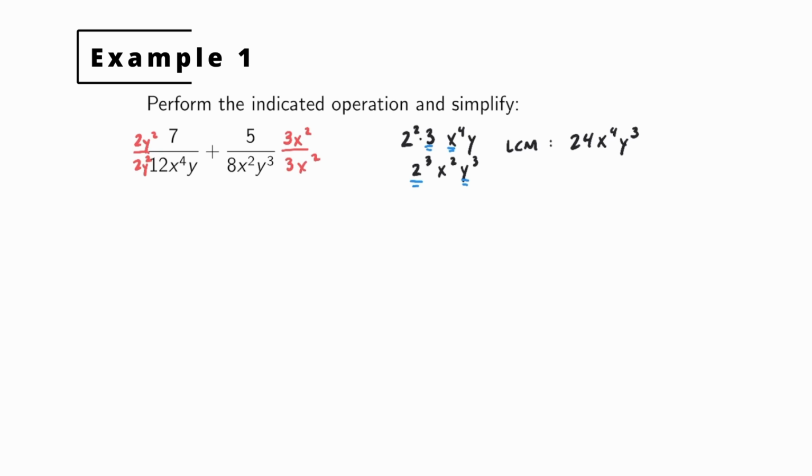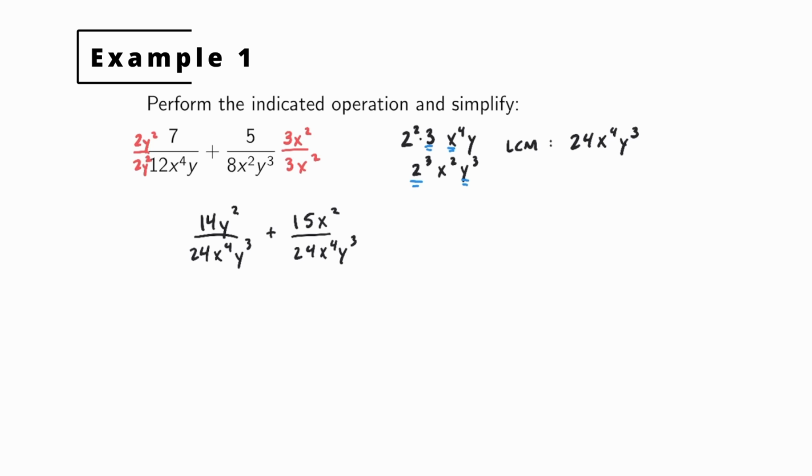Okay, and now we can write each term as an equivalent rational expression. So in the numerator for the first one, we have 14y squared over 24x to the fourth y cubed. And the second rational expression will be 15x squared over 24x to the fourth y cubed.